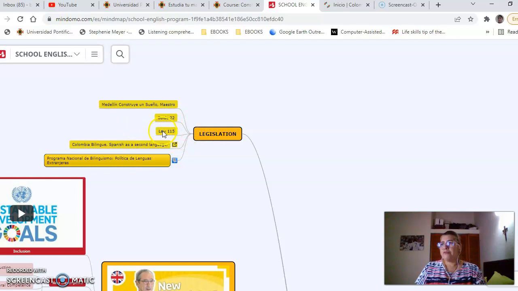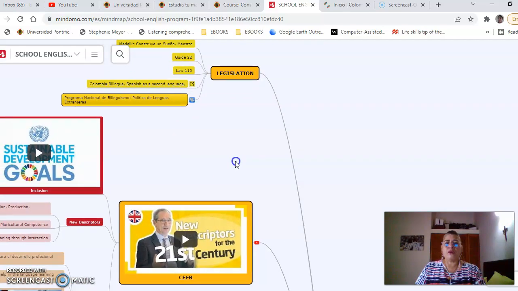Our Law 115, Colombia Bilingüe, Spanish as a second language, which has been one of the impulses in becoming a bilingual country. And the latest has been the Programa Nacional de Bilingüismo, Política de Lenguas Extranjeras, where we could give a setting that is not only about learning English as a second language.